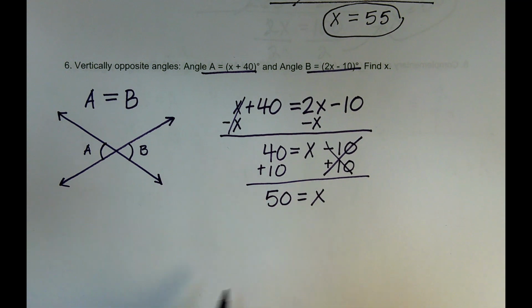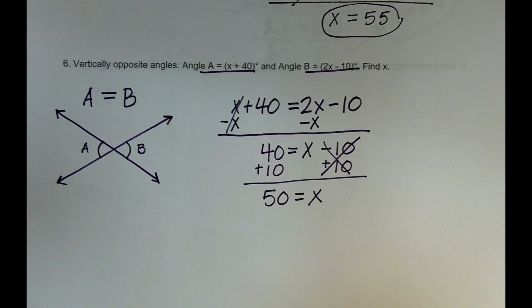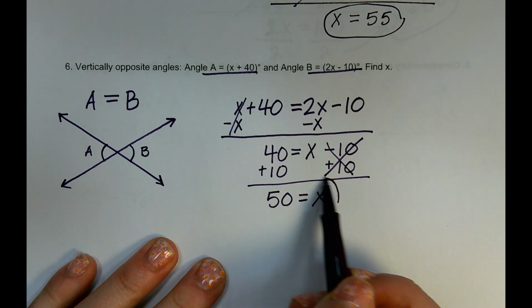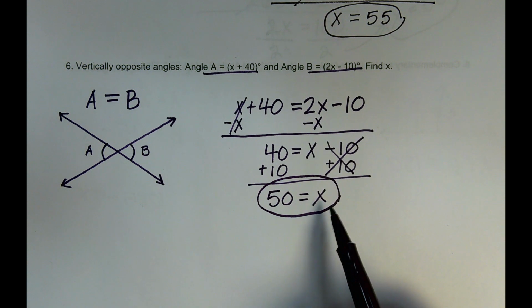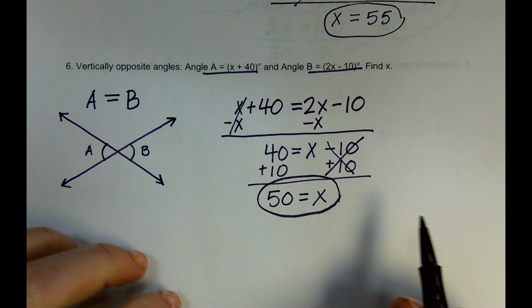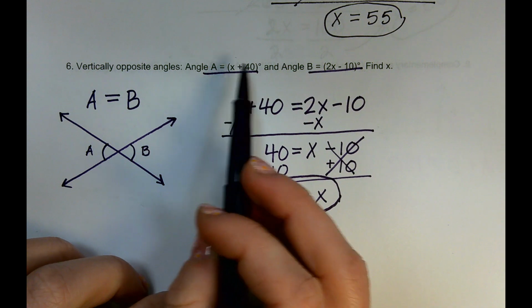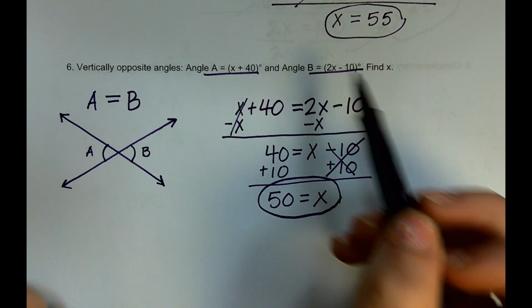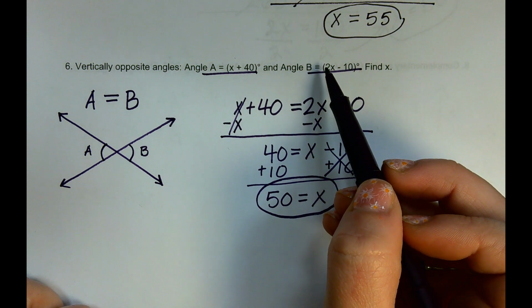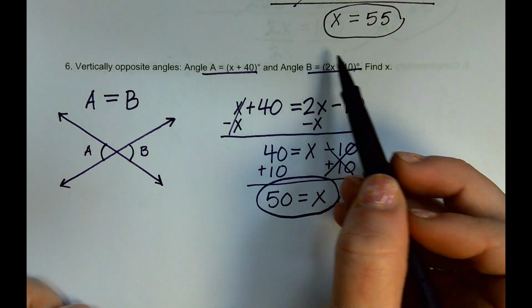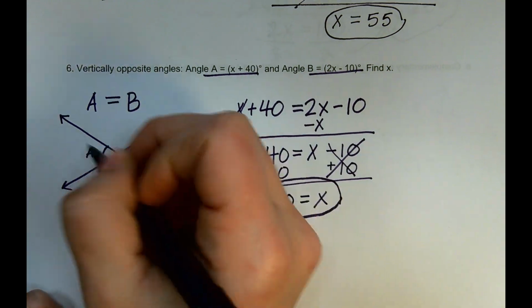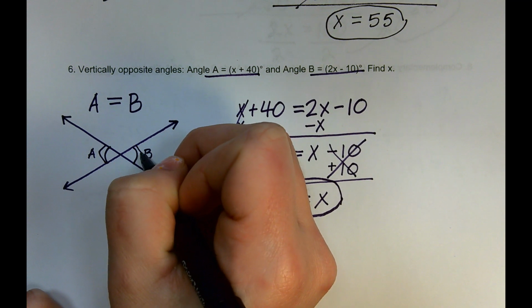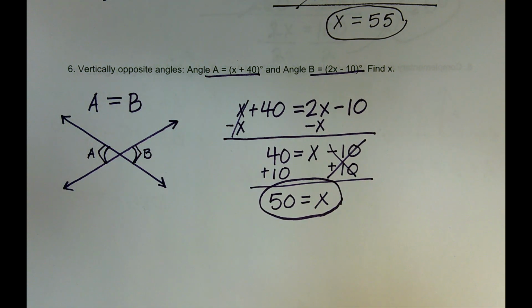So x is 50. Very good. And we could always check it by plugging it back in. 50 plus 40 is 90. 2 times 50 is 100, minus 10 is 90, so 90 equals 90. These should be 90-degree angles, but that's okay.